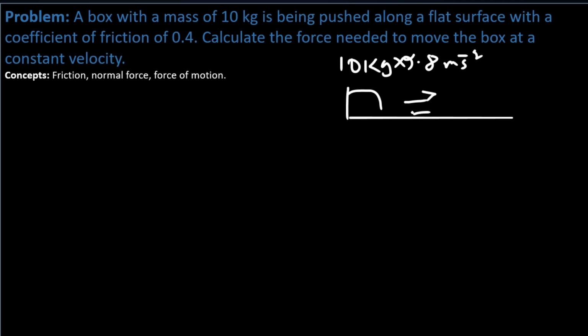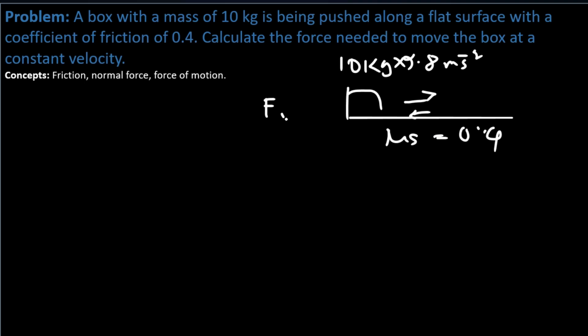So here is the friction force, with the coefficient mu s equal to 0.4. So we need to write it down this way, mu s equals 0.4. We need to find the force for constant velocity.